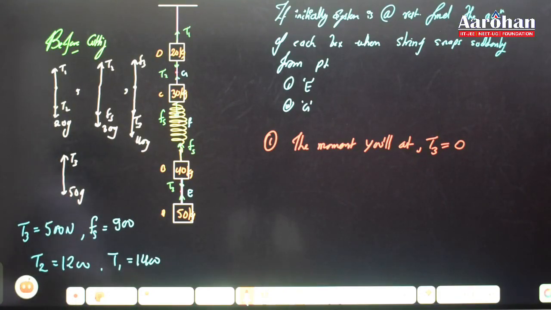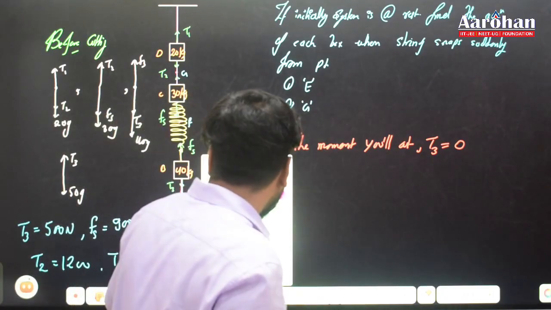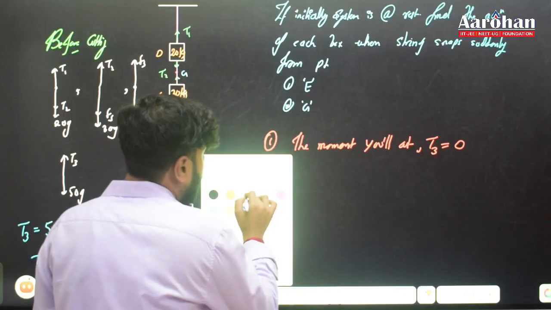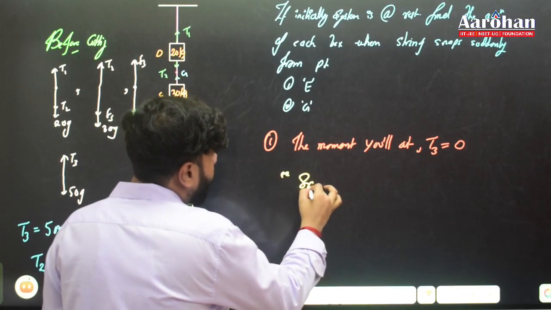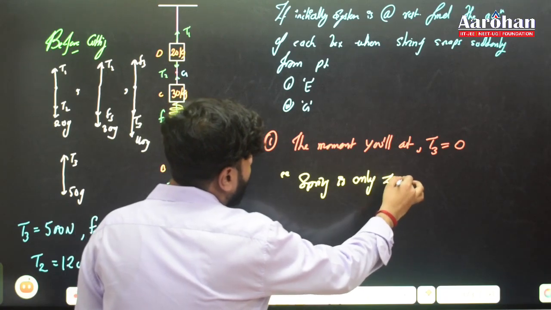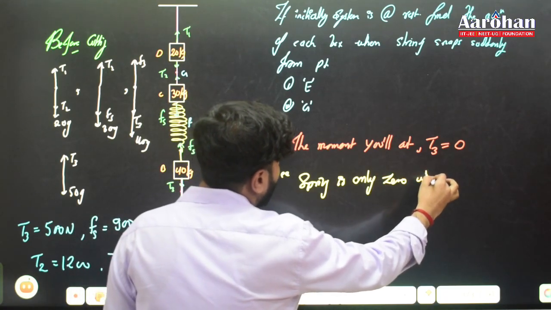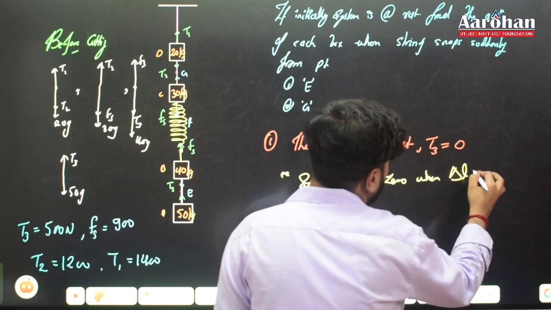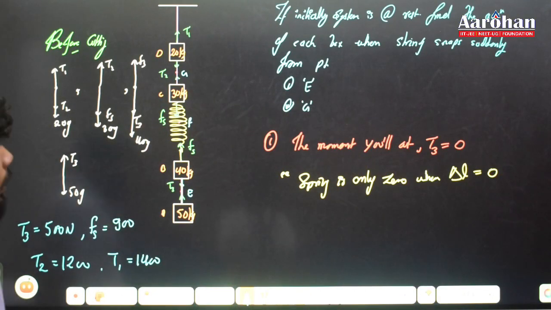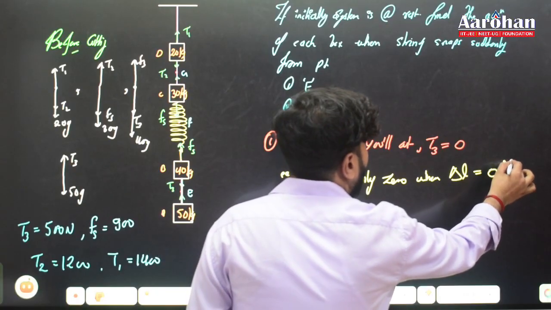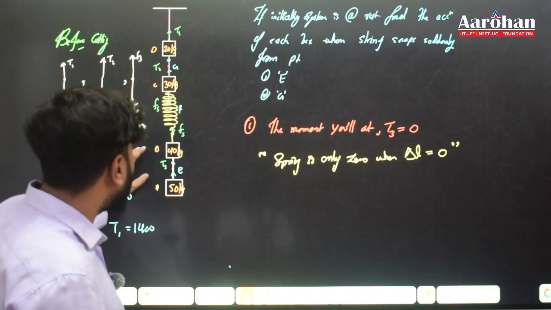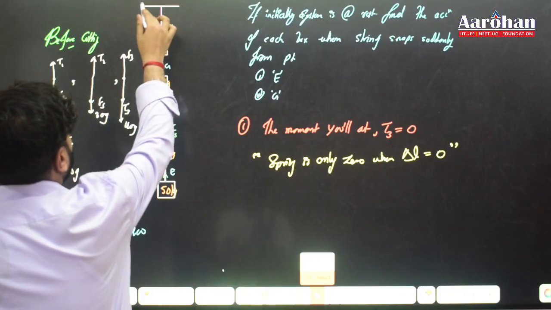I told you spring force cannot be 0 until the spring attains its natural length, right? So spring force is only 0 when the change in length is 0, because the formula is F equals K delta x, right?